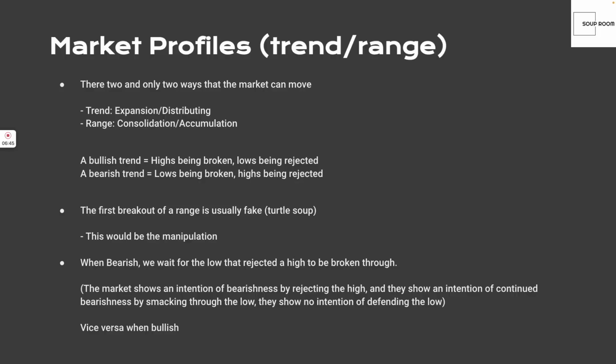They show no intention of defending the low. So what does this mean? This basically means that once we reject a high, we want to wait for price to break through the low that rejected the high. Vice versa when bullish.